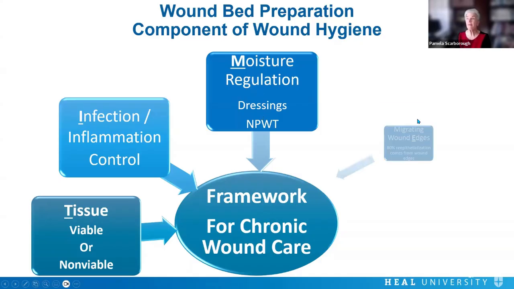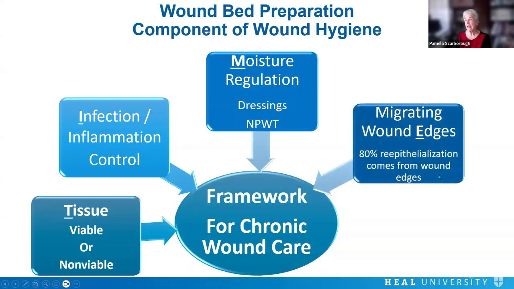So TIME, the edges of the wound. 80% of your reepithelialization comes from the edge of the wound. Sometimes you'll have epidermal cells that come up in the middle of granulation tissue. That means that you have a partial full thickness wound, that a hair follicle is still in place down in the dermis, at the bottom of the dermis, and that keratinocyte, that epidermal cell that covers the top of the wound, is coming up that hair follicle and getting in the middle of that granulation tissue.